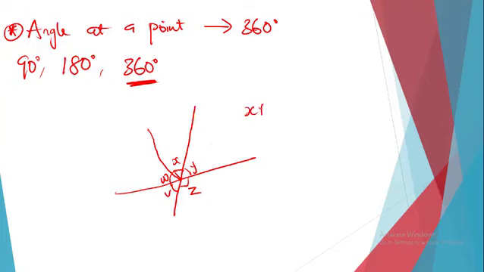We have X plus Y plus Z plus V plus W, and if they sum up to 360 degrees, then we say that they are angle at a point. The sum of angle at a point is 360 degrees. Note that.